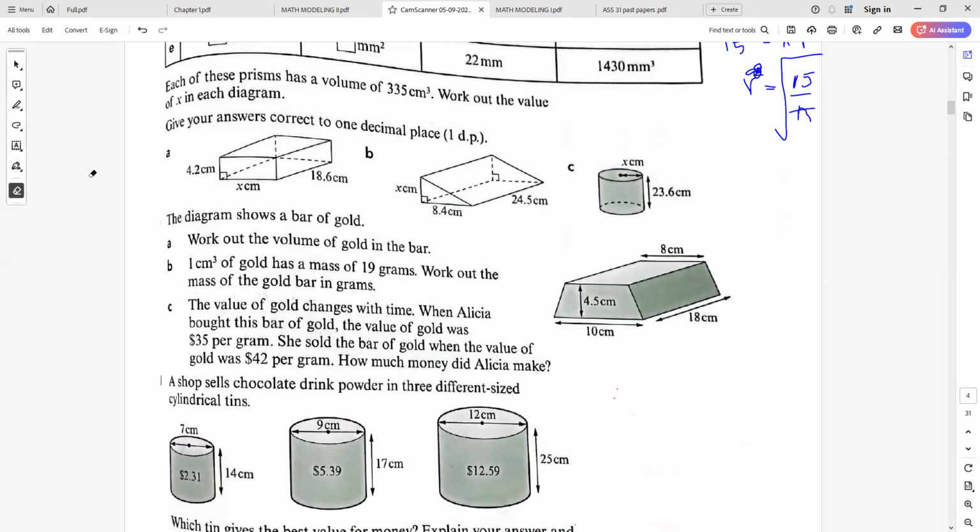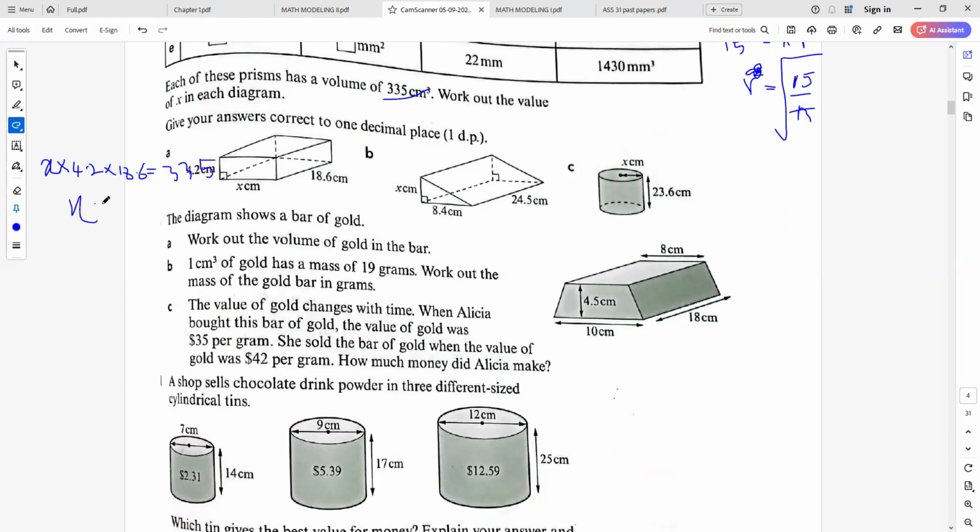X times 4.2 times 18.6 is equal to, they have given that the volume is 335 centimeters cubed. Now we have to find out X.